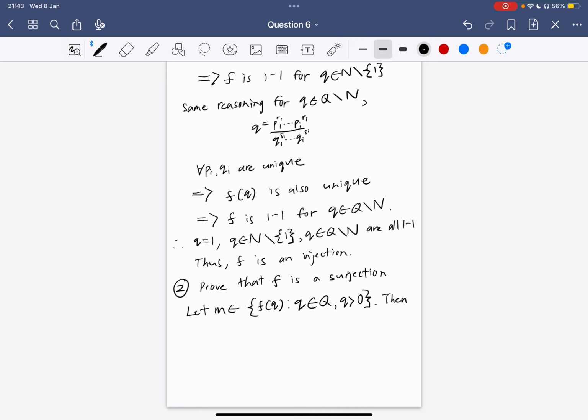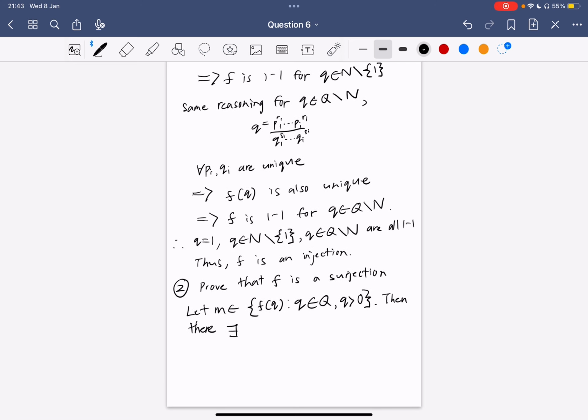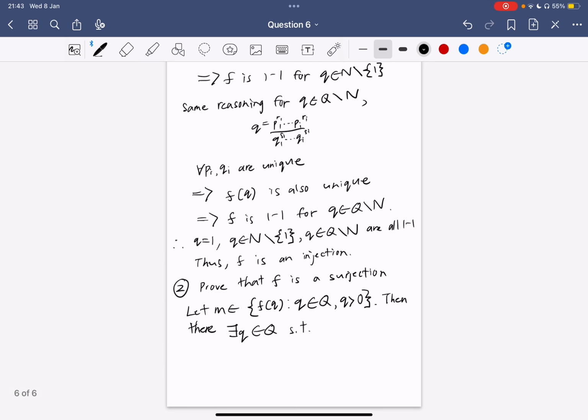Then there exists a value q such that f of q equals m, right?